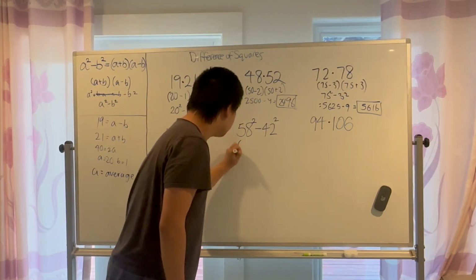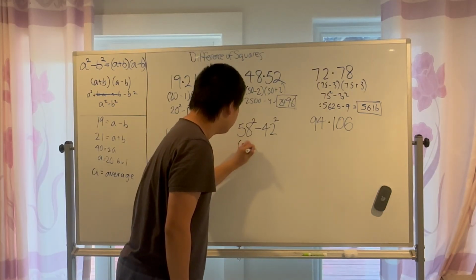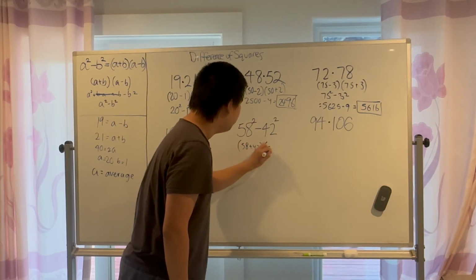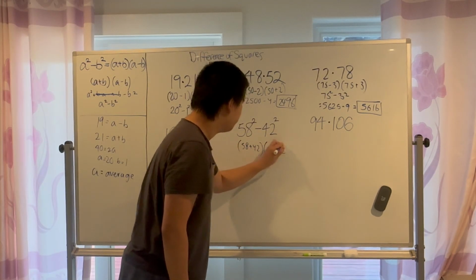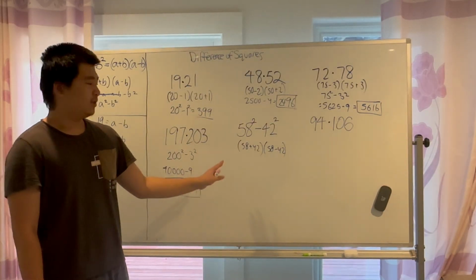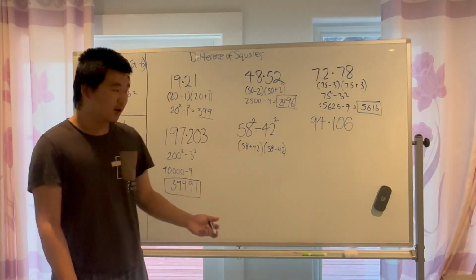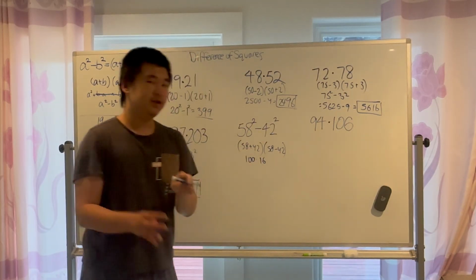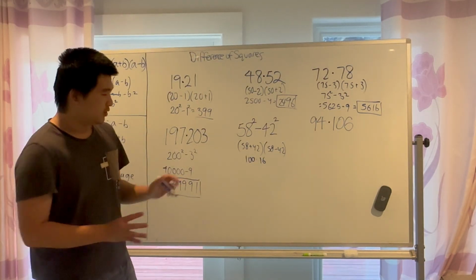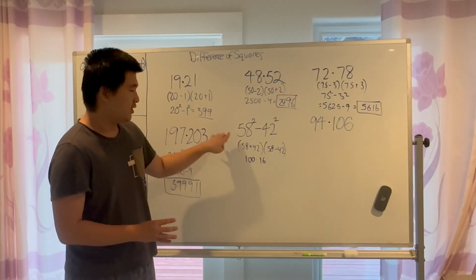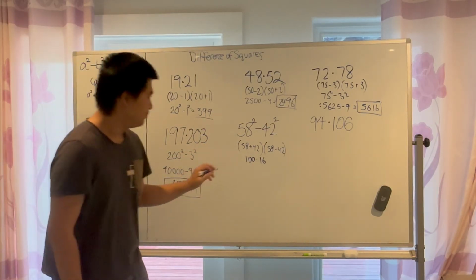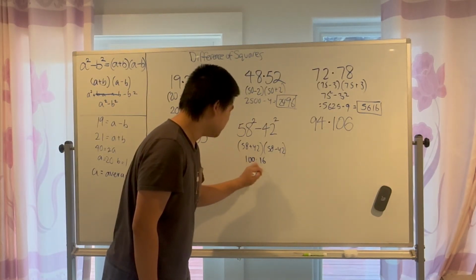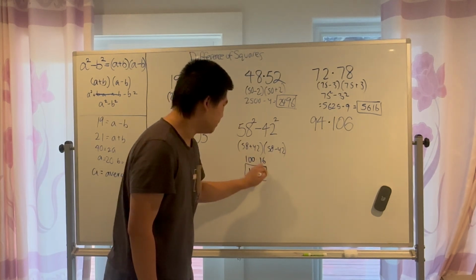So this is going to be 58 plus 42 times 58 minus 42. And what's nice about this is that 58 plus 42 is 100. 100 times 16. 100 is so nice to multiply by. So when we see this, we should absolutely think difference of squares. So, of course, 100 times 16 is just 1600.